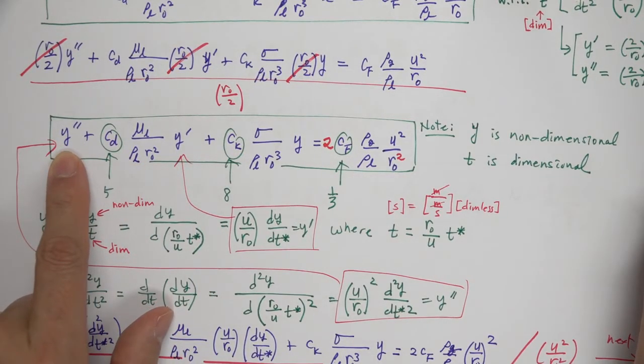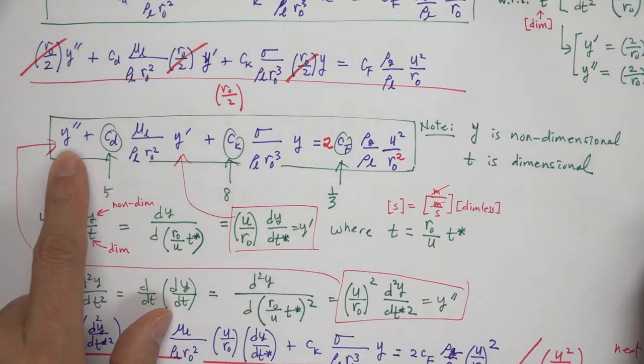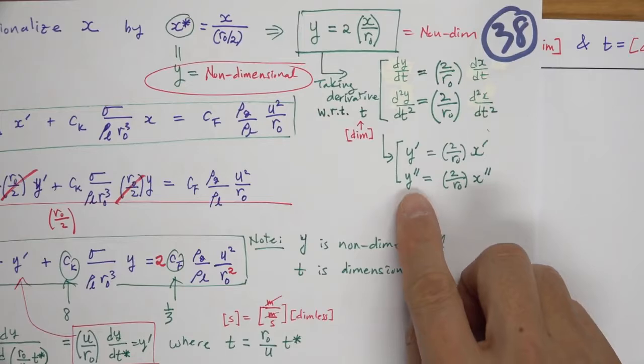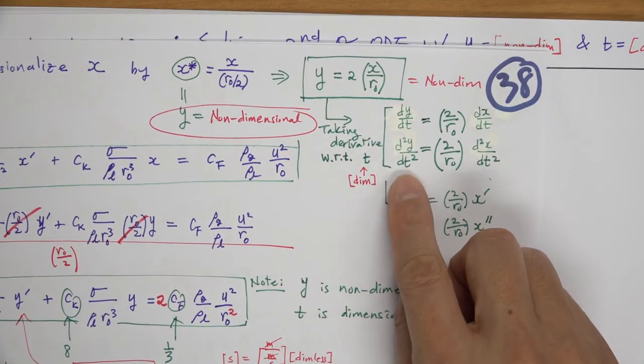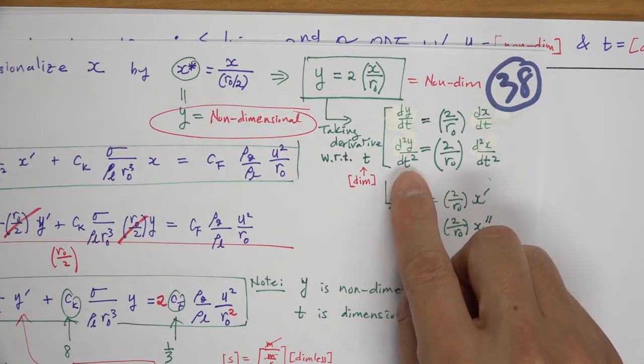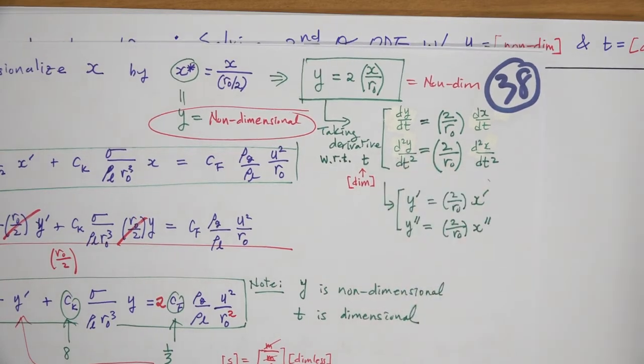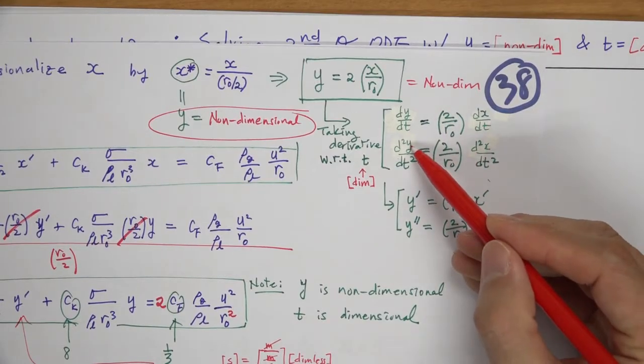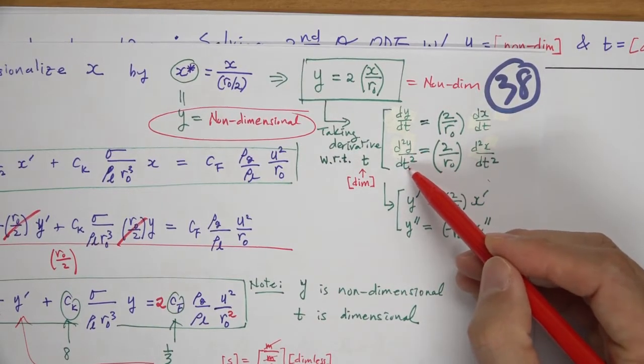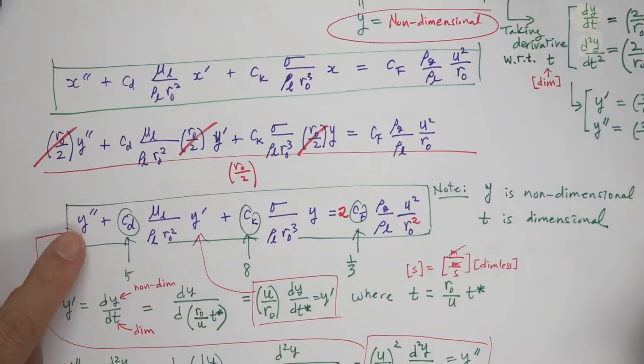Y is in fact a dimensionless quantity, but note that y double prime here involves dimensional t. T here is not non-dimensional. Only y is non-dimensional. This is dimensional.